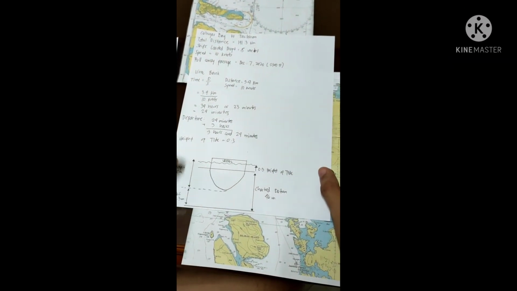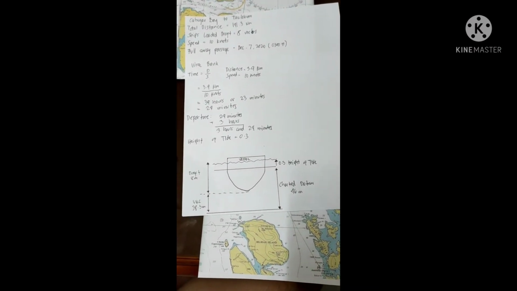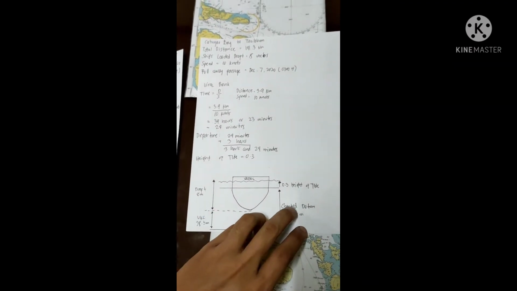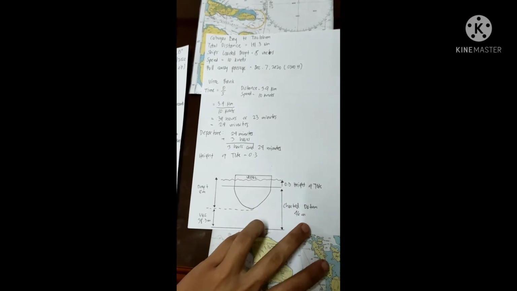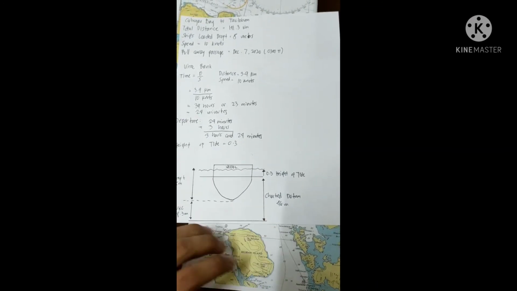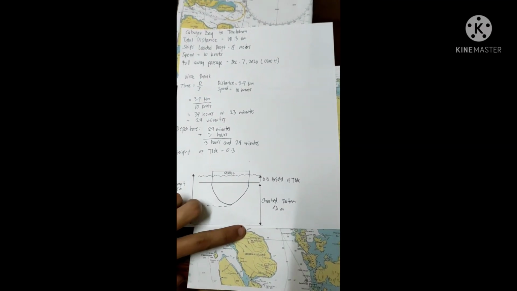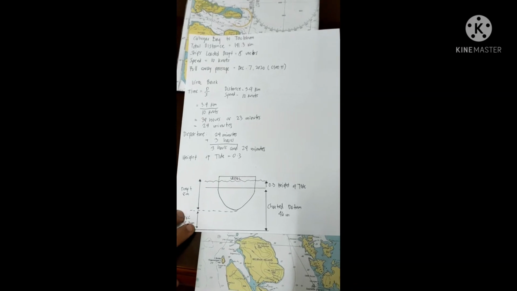This is the vessel. The draft is 8 meters and the height of the tide is 0.3. The charted datum is 46 meters and the UKC is 38.3 meters, and this is the seabed. This is the wreck bank.